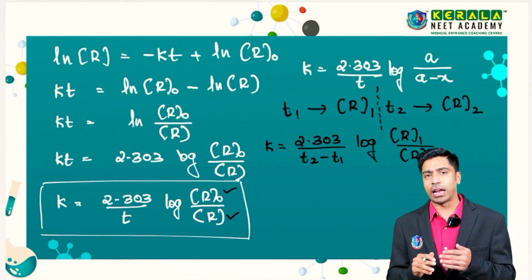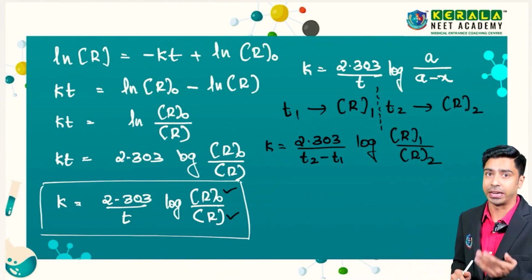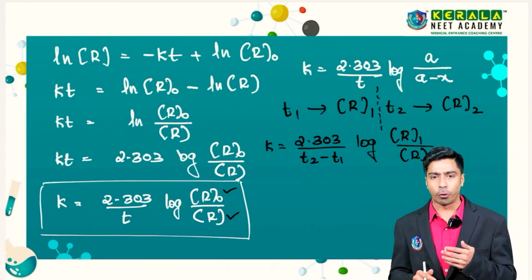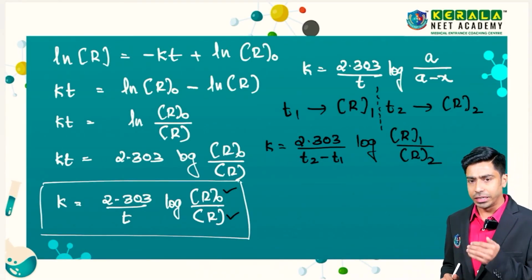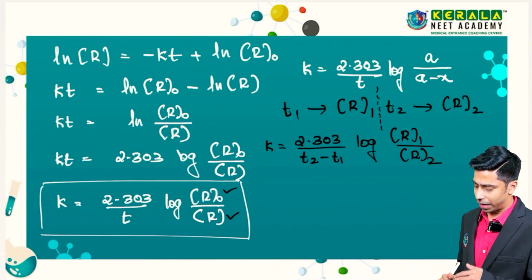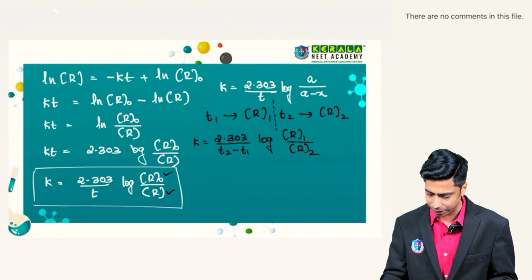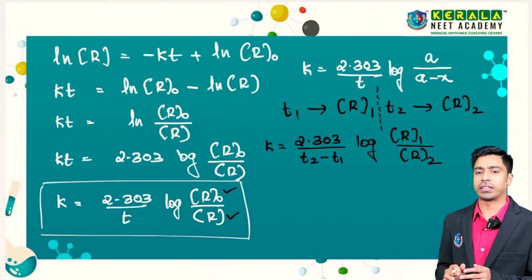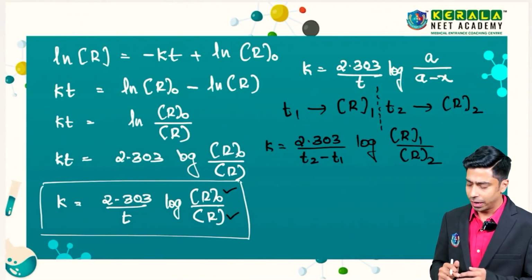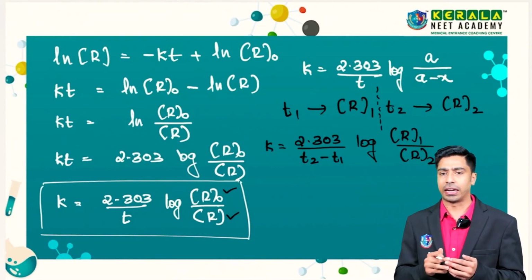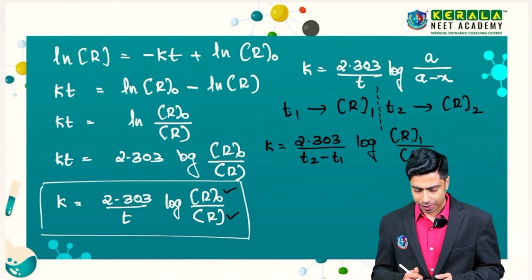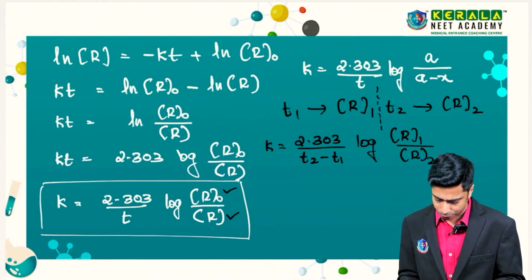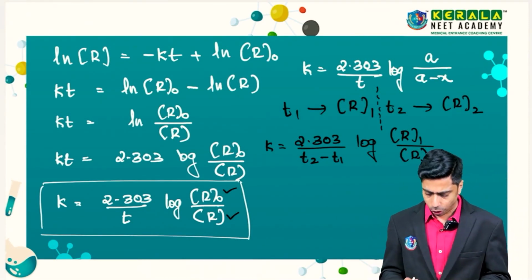So this is the value of rate constant at different time intervals, where R1 is the concentration of the reactant at time T1, and R2 is the concentration of the reactant at time T2. And now if you take this equation, k is equal to 2.303 log R0 by R.